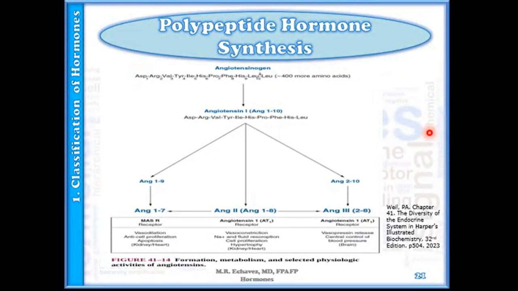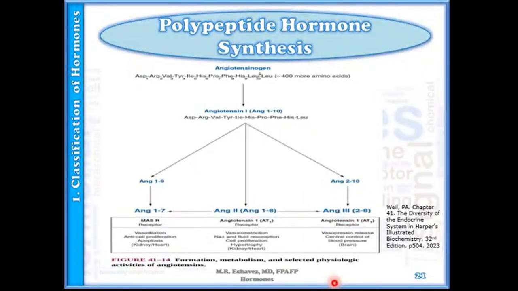This results in sodium retention, volume expansion, and increased blood pressure. In some species, angiotensin 2 is converted to heptapeptide angiotensin 3, an equally potent stimulator of aldosterone production.